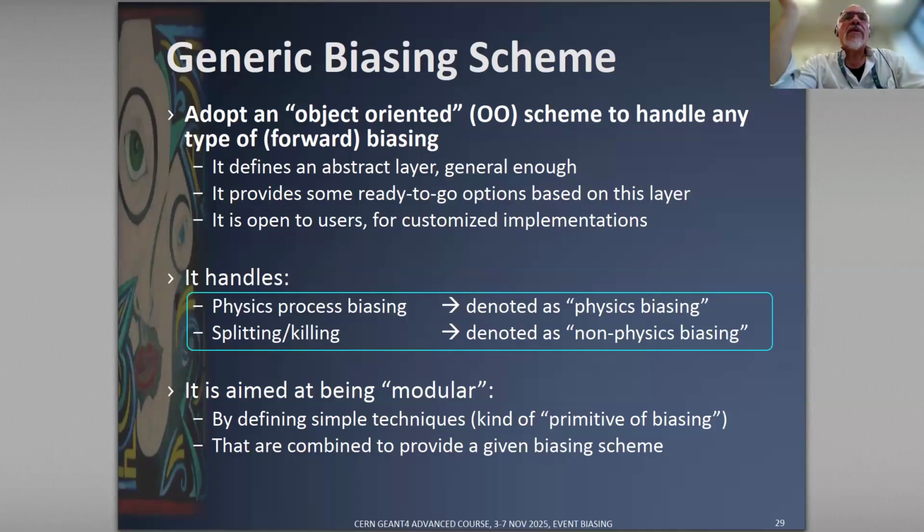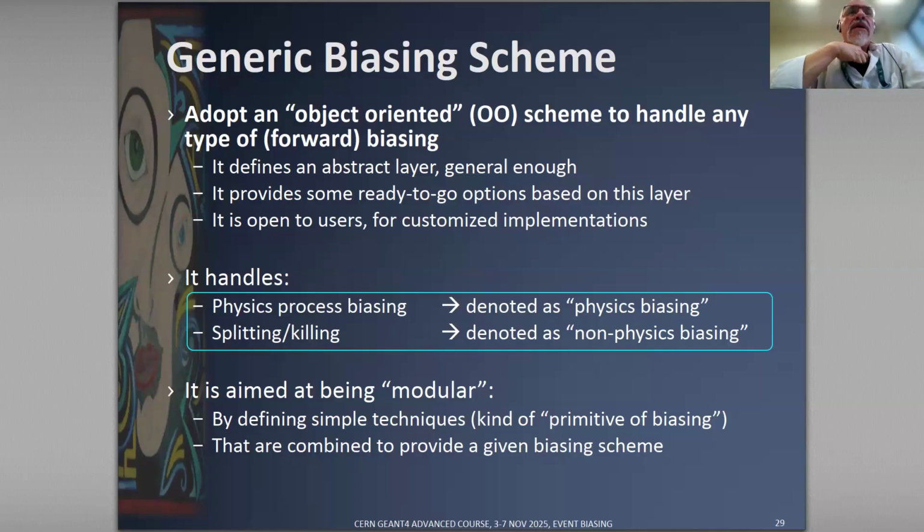As a general object-oriented design, you define an abstract layer, and it provides some options ready to go based on this layer. Given this is an abstract layer which is open to users, you may implement your own customized options if you don't find in Geant4 the ones you are interested in.